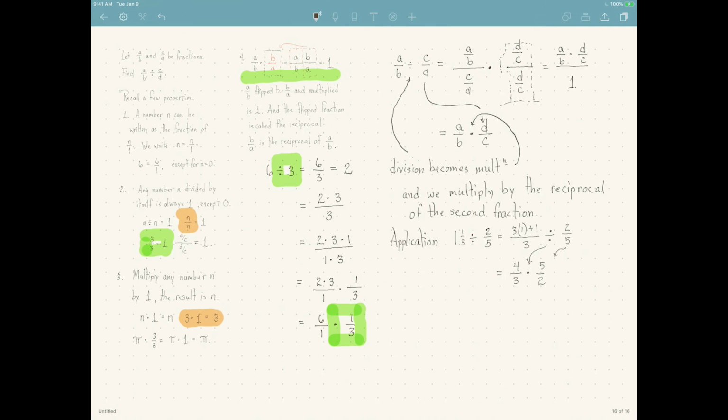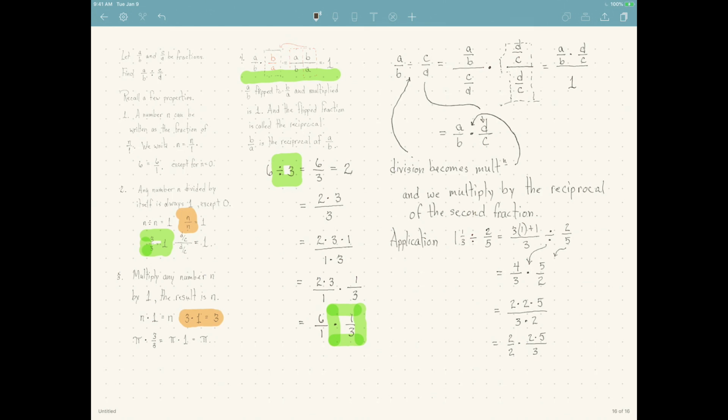And notice that 4 is 2 times 2, so let's think of this as 2 times 2 times 5 over 3 times 2. But you can reorder this as 2/2 times 2 times 5/3.